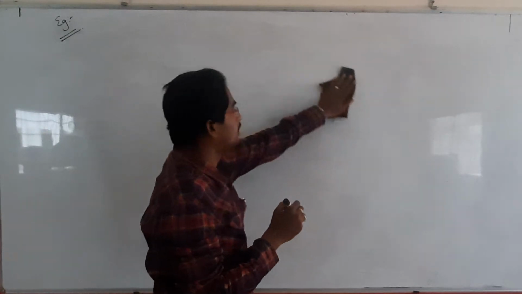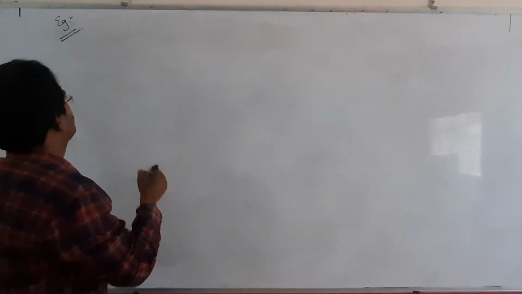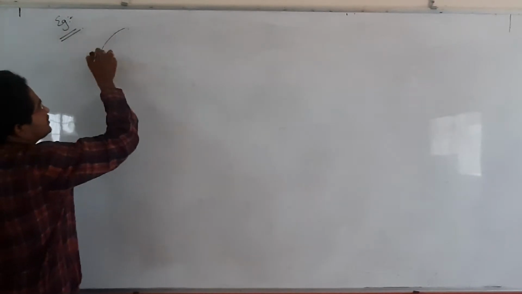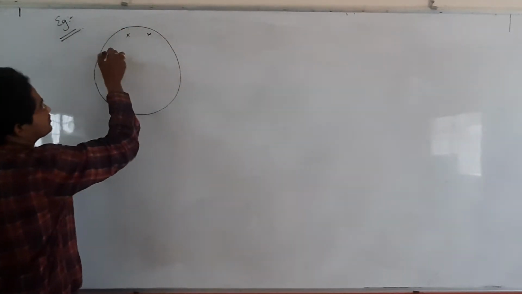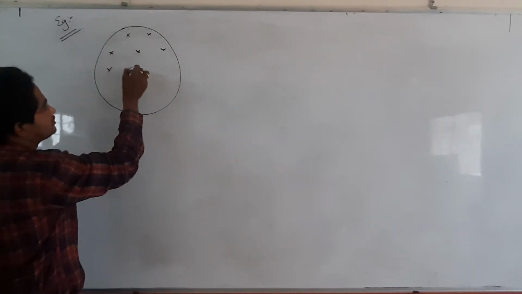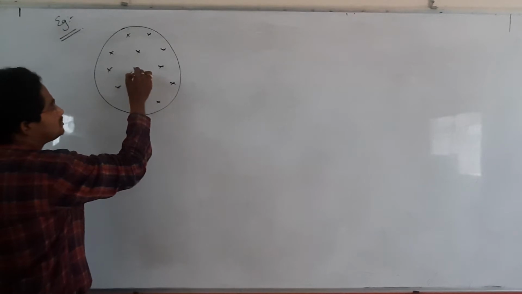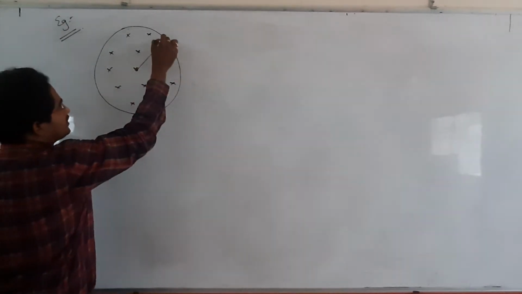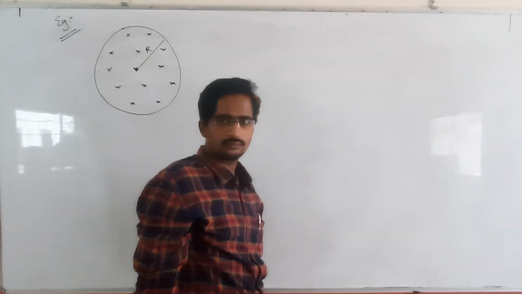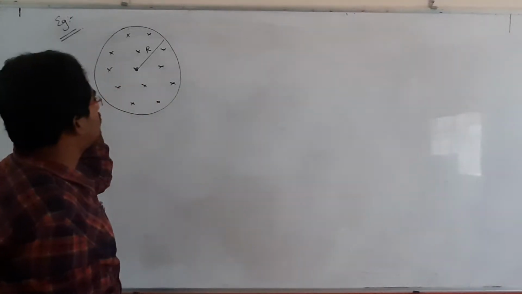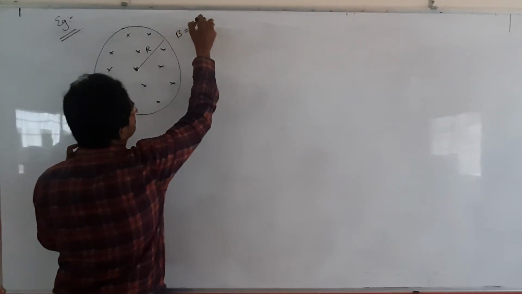The next example, see here, there is a varying magnetic field. The radius of this circular region is capital R. The B value here is B naught into t.